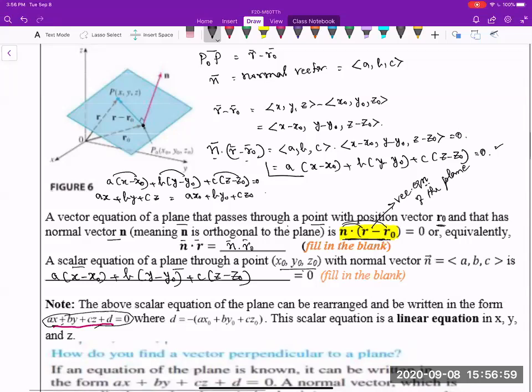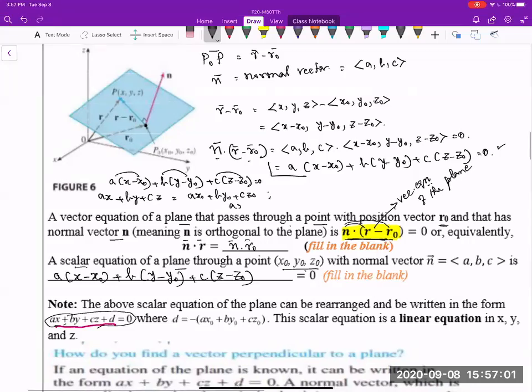If you move everything to one side, you get ax plus by plus cz minus (ax0 plus by0 plus cz0) equal to 0, which can be written as ax plus by plus cz plus d equal to 0, where d is given by this expression with the negative sign here.